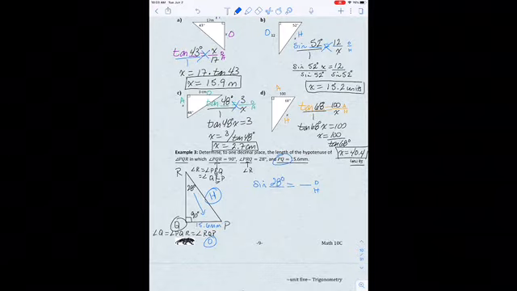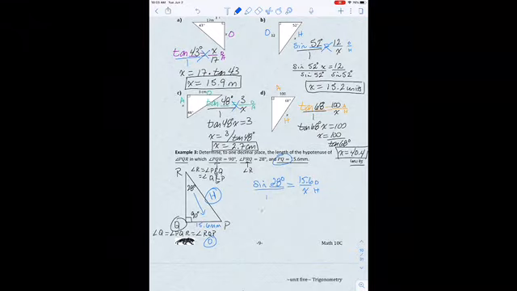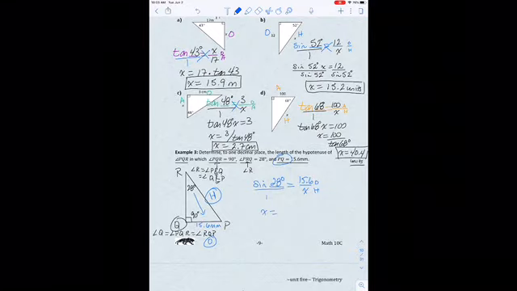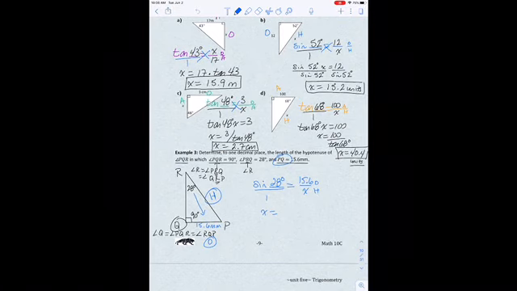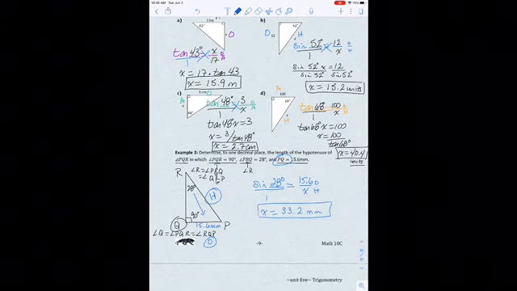So that's 28 degrees, which is 15.6 over the hypotenuse. There's our x, and when we cross multiply, we get an answer of 33.2, and I guess the units are millimeters here. So there's our x value, okay?